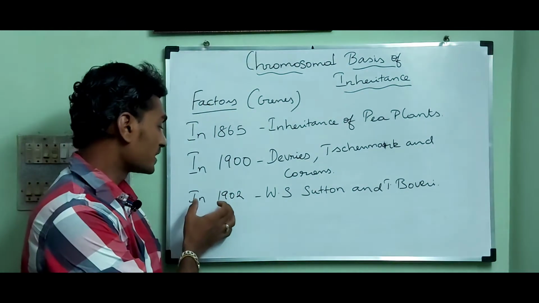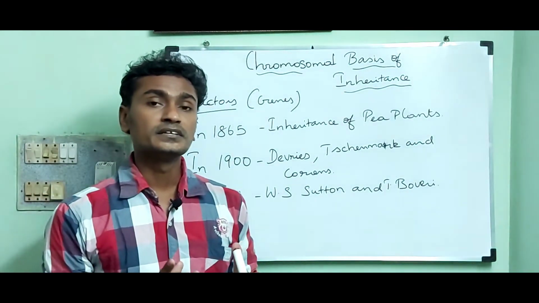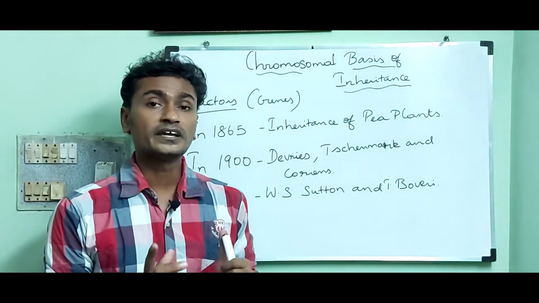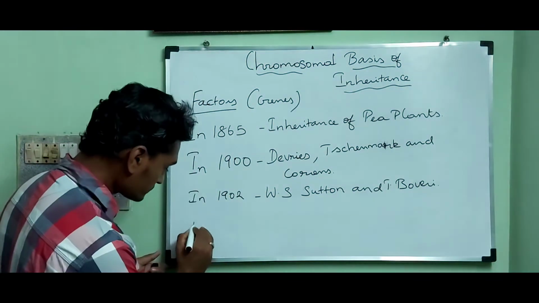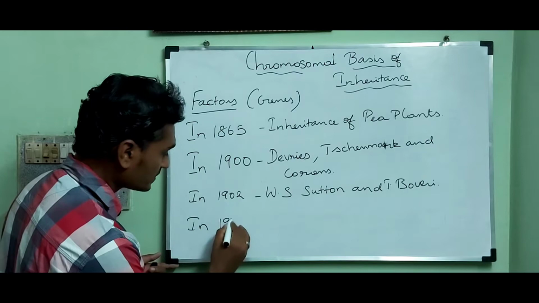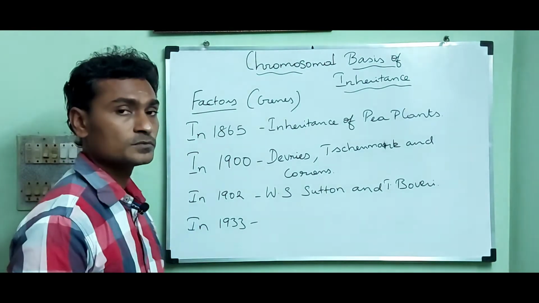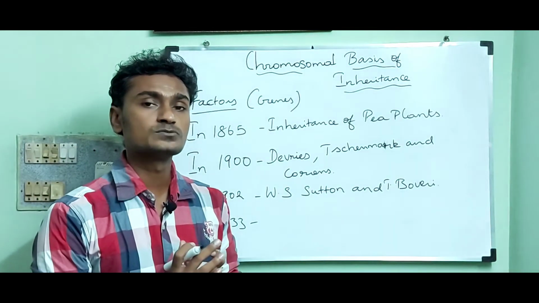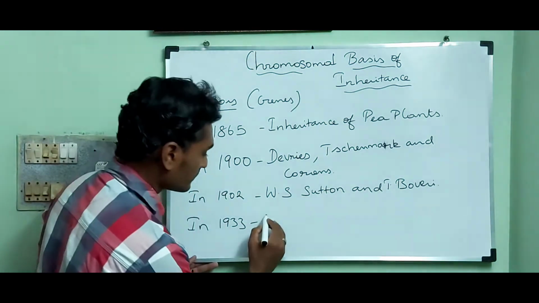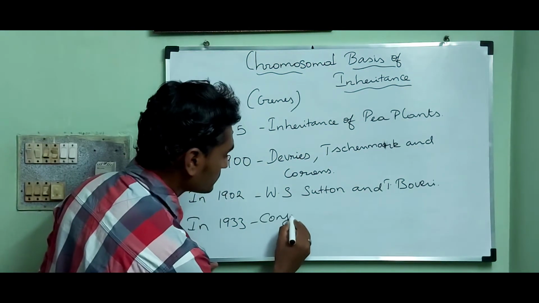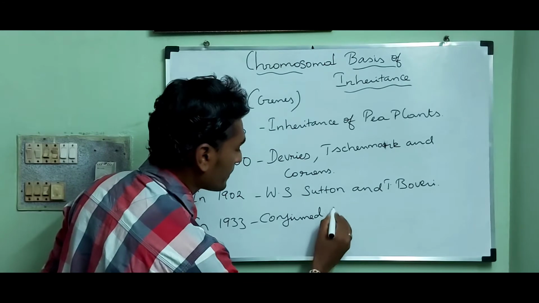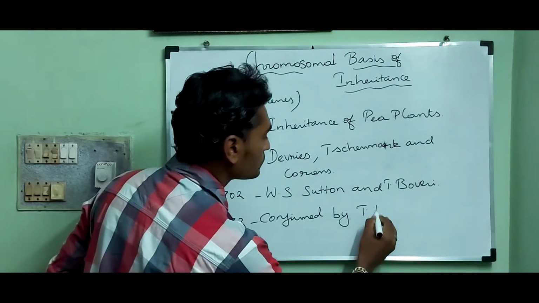And in 1933, the chromosomal theory of inheritance was confirmed by T.H. Morgan.